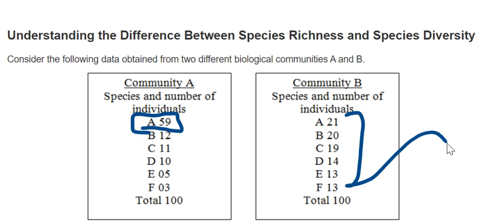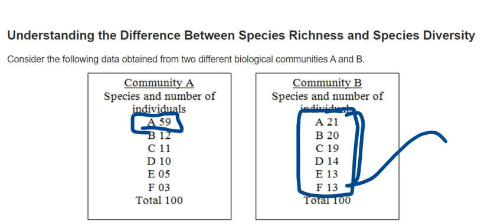Hence, we can conclude that though the species richness and the total number of individuals in both communities are the same, community B is more diverse than community A. You can see the diversity is more in community B as compared to community A. Hence, it's necessary to take into account the relative abundance.